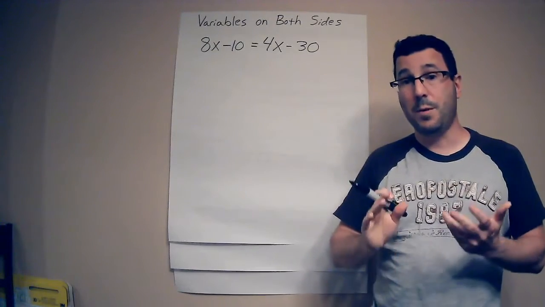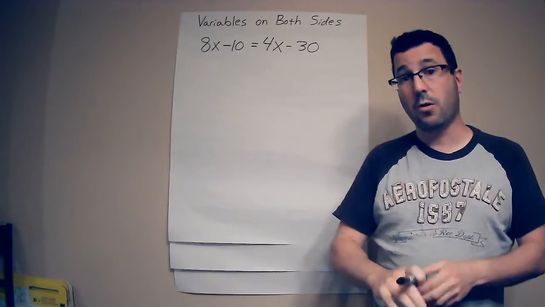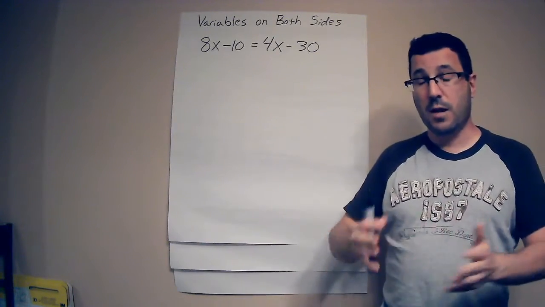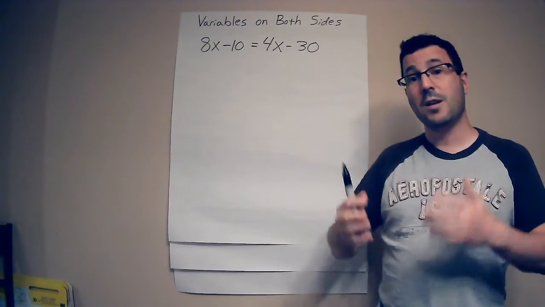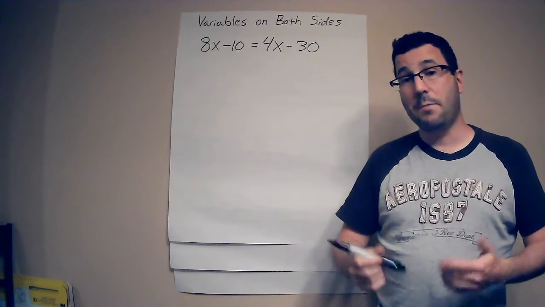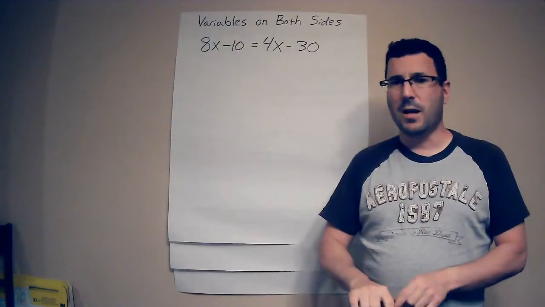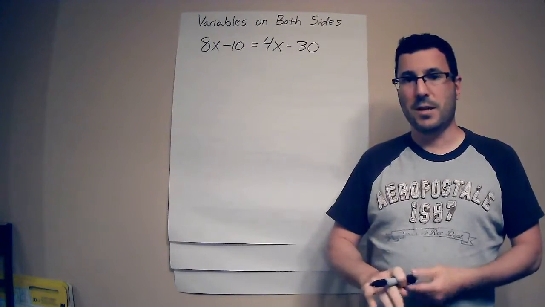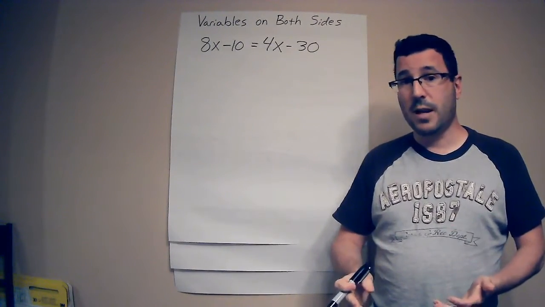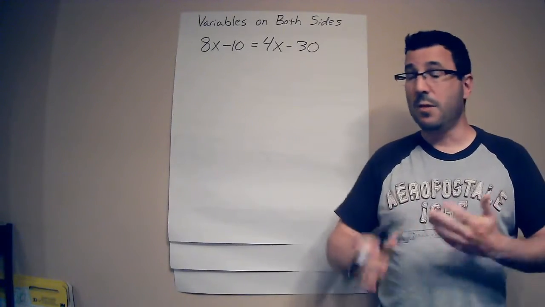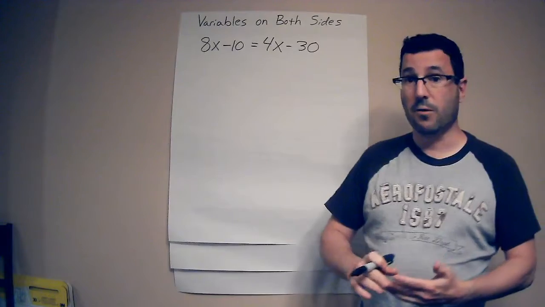The reason I tell people to look for the smaller of the two coefficients is so that when we move and combine the two coefficients together, we will wind up with a positive coefficient in front of the variable. This is more of a preference than a necessity. You could always have a negative coefficient in front of the variable. It just means you have to pay attention to what you're doing later on.